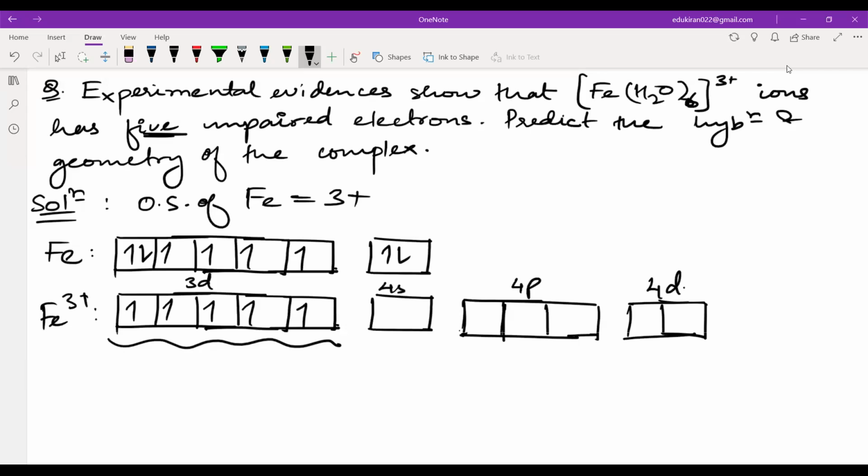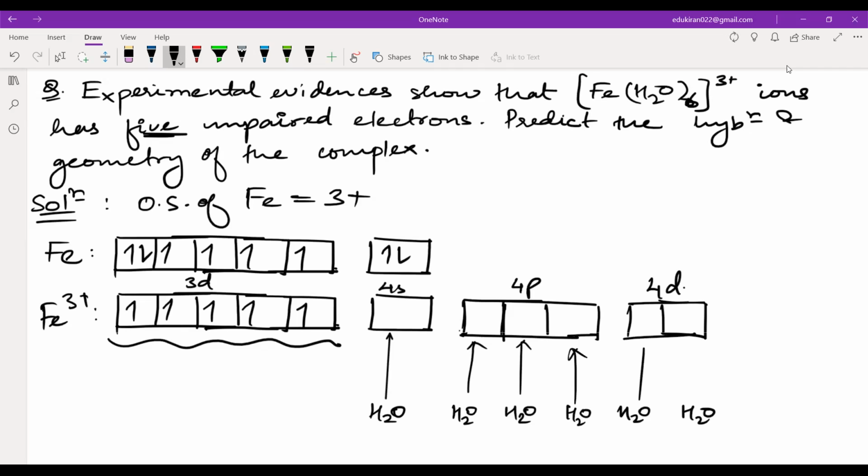Only 2 of the d orbitals because we have 6 ligands, so we need 6 orbitals. Now these H2O will be coordinating. All of them are donating 2 electrons.